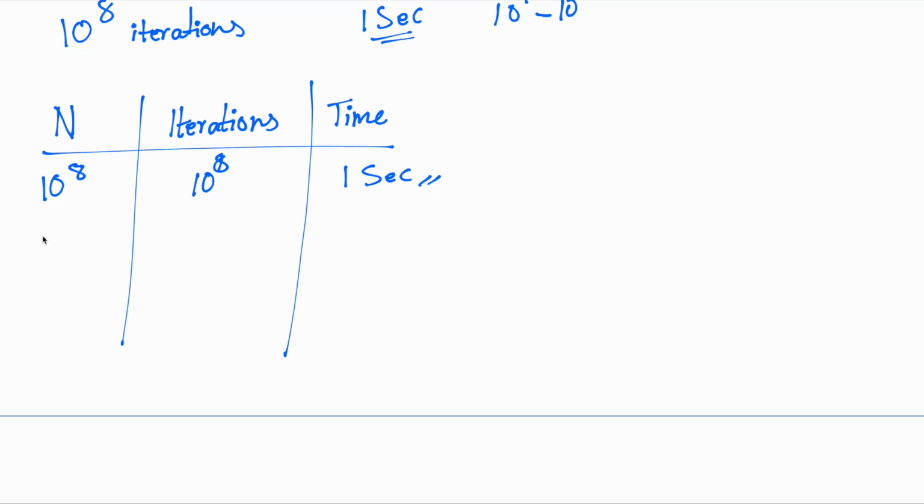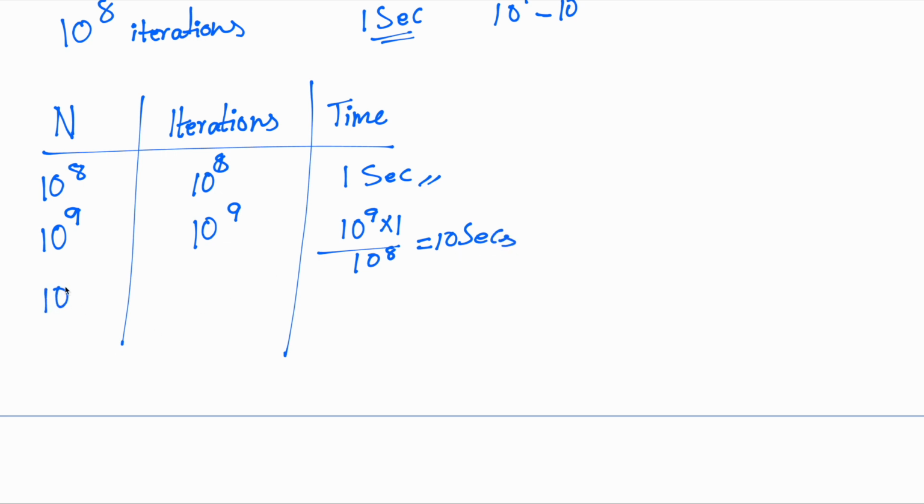What if the same input size is 10 power 9? Iterations are also 10 power 9. If for 10 power 8 it takes 1 second, for 10 power 9 it's 10 power 9 times 1 divided by 10 power 8, which is equal to 10 seconds.